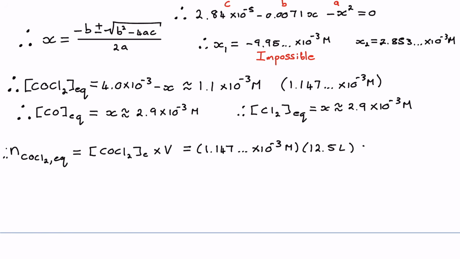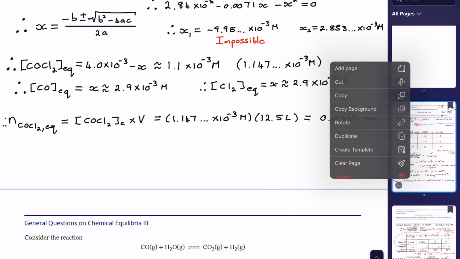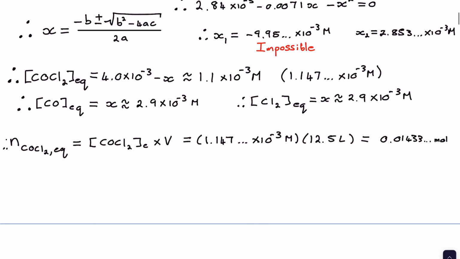Right, and the value that I got here, that wasn't rounded, is 0.01433, bunch of numbers, mole. Right, that is what it is. I'm just going to add a page. So that's the value that I got there. And you do that for the other two as well, but they are going to be equal.